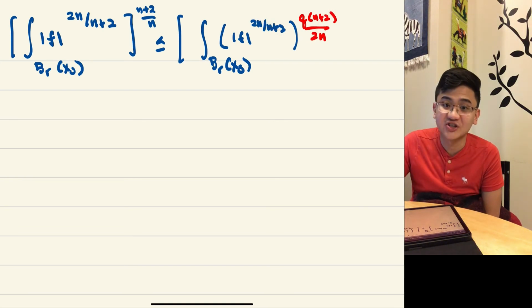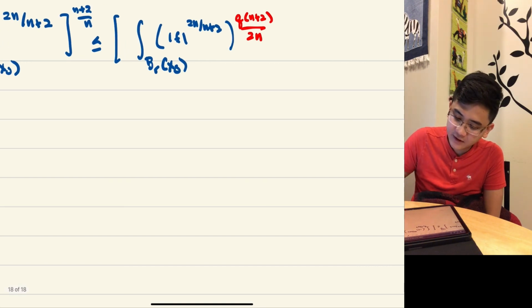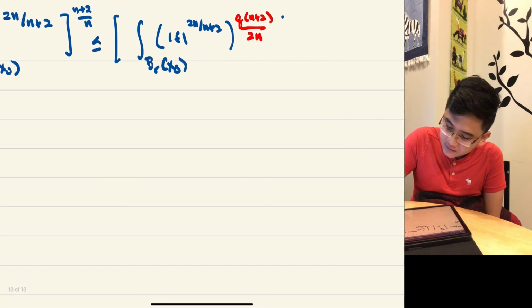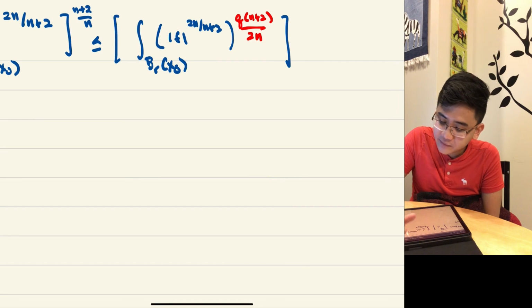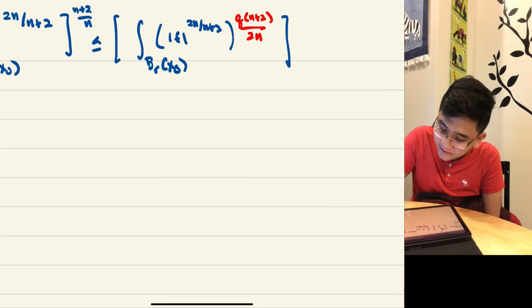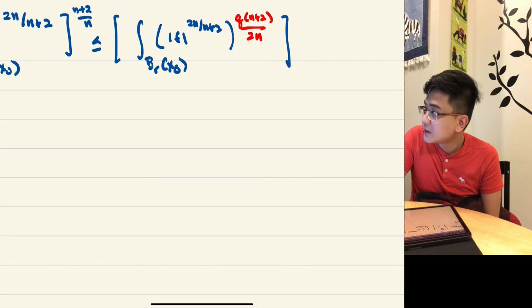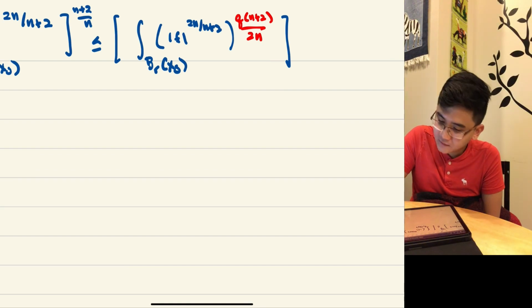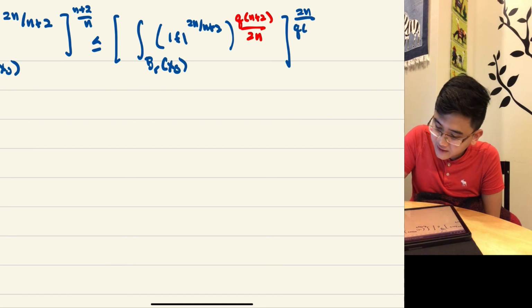I'm left with just q, raised to the reciprocal of this one here. So I have 2n over q(m plus 2).